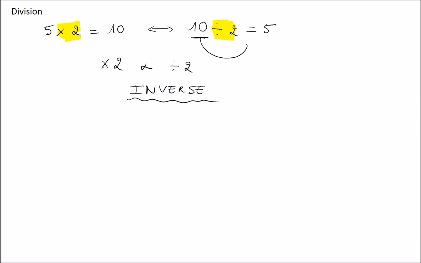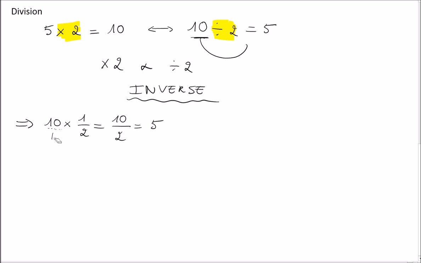Let's have a closer look at multiplying by fractions and dividing by fractions. 10 times 1 over 2. We all know, I'm going to multiply my numerators together and multiply my denominators together. In this case, I don't really have a numerator, but I can write 10 as 10 over 1. So that's going to be 10 over 2, which is 5.